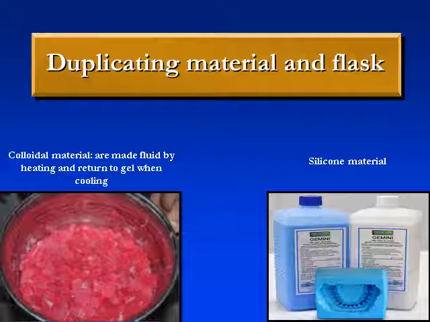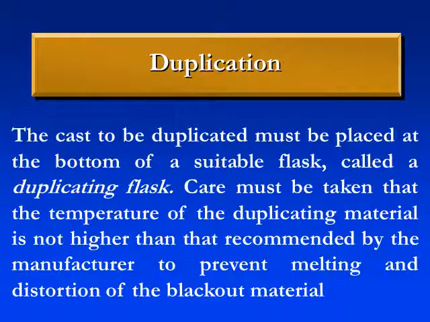The main and usual materials used for duplication are the colloidal materials, which are made fluid by heating and return to the gel consistency upon cooling. On the left side we have the colloidal material, on the right side we have the silicone material that is also used for duplication.